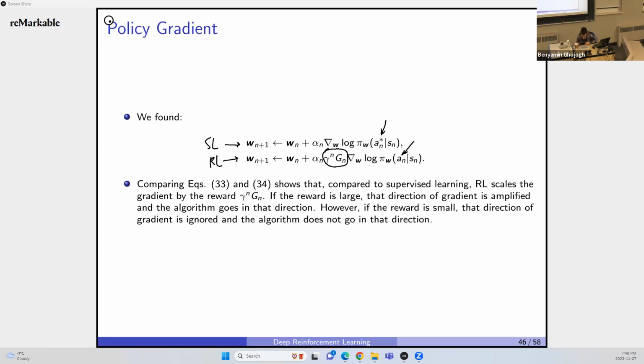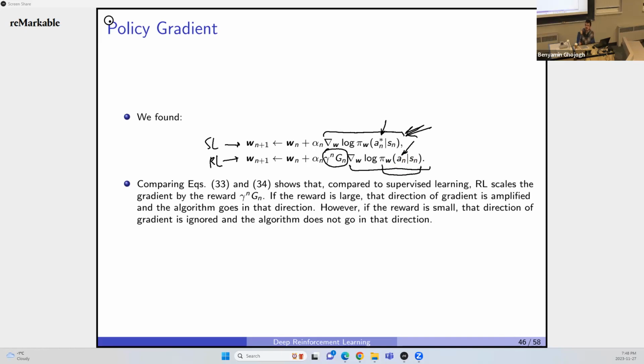Exactly. So thank you for your answer. So basically, let me rephrase what you said. Here, I have the best action in supervised learning. I have the best action, so I trust it and I use it in gradient ascent with peace of mind. But in reinforcement learning, who says that I should maximize this? Maybe for this state Sn, action An was awful.